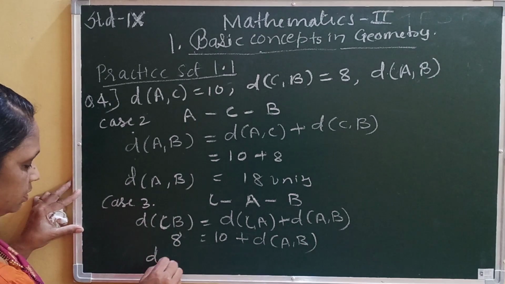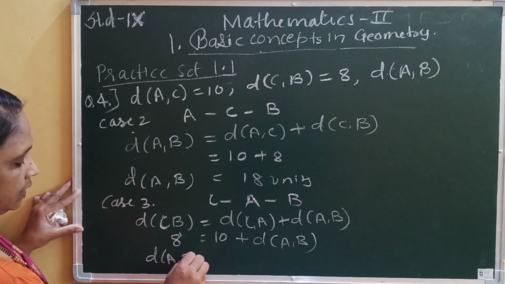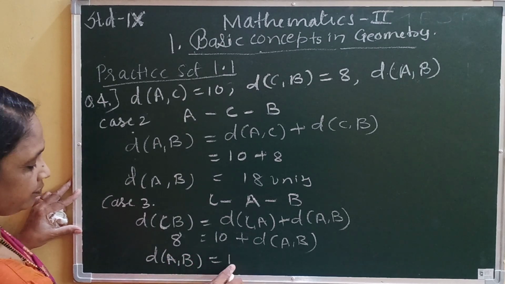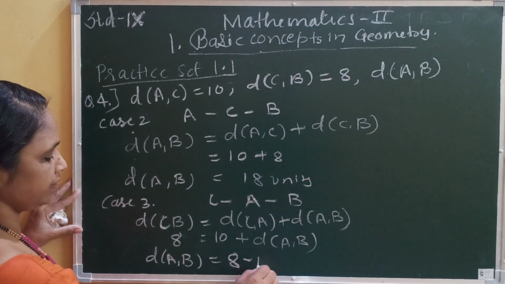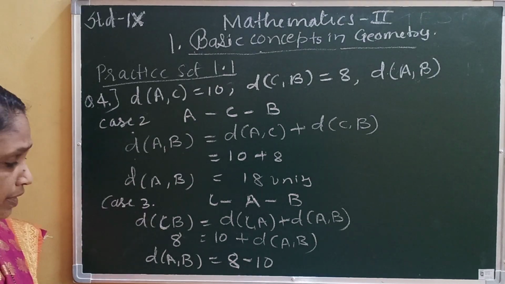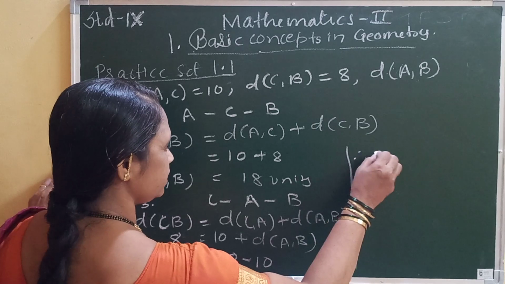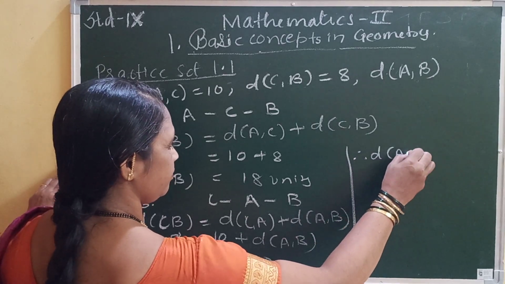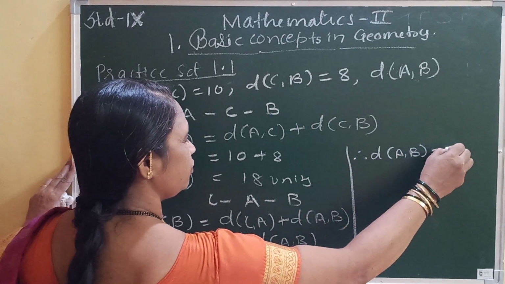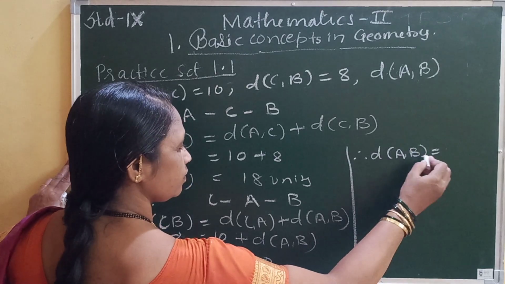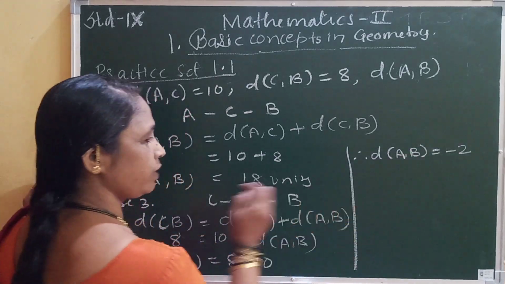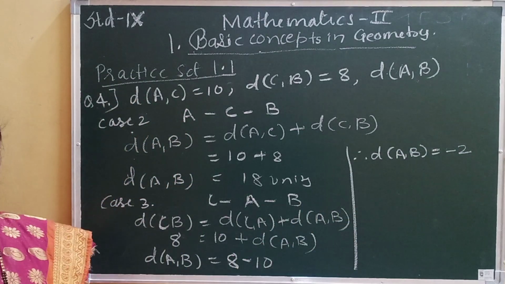So distance AB is equal to 8 minus 10, which is minus 2. Can the distance be negative?